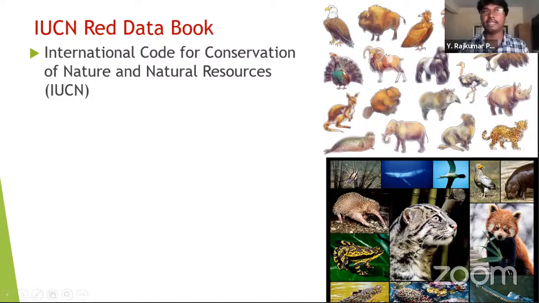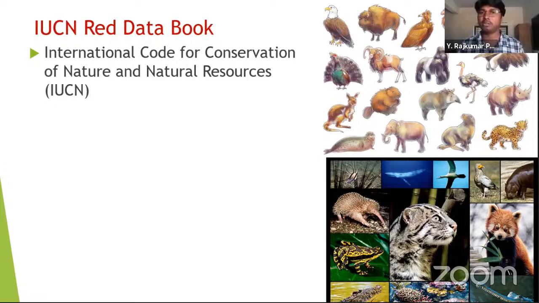Red indicates danger, isn't it? Always red indicates some kind of danger. Here also, it indicates the animals which are in danger, that means they are going to become extinct. There are 2 kinds of animals: endemic species and extinct species. Endemic species means the animals which are very special to one particular location.